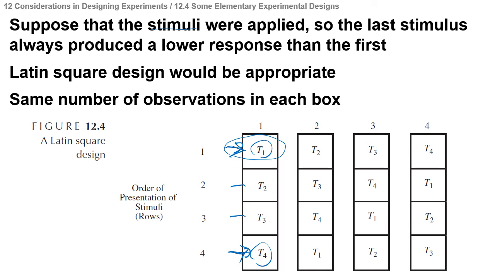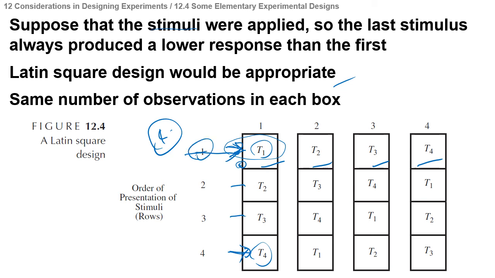So in this case, a Latin square design would be appropriate. This is a 4 by 4 Latin square table. What we can observe is that in each row, there is one of each treatment.